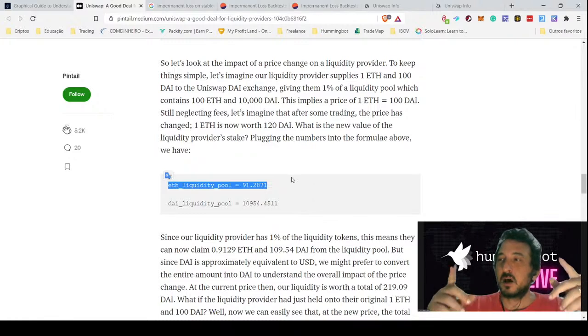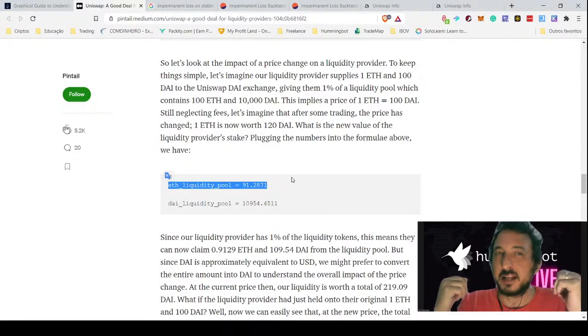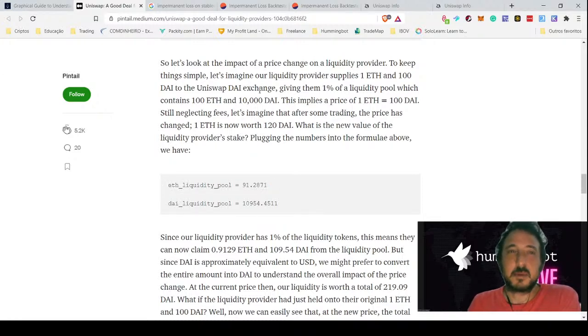This can create a loss because the current price of both assets changed, and the total value you're withdrawing based on your percentage is going to have a smaller value compared to what you deposited. So this is the basics of impermanent loss. There are a lot of blog posts and articles around the web detailing it.